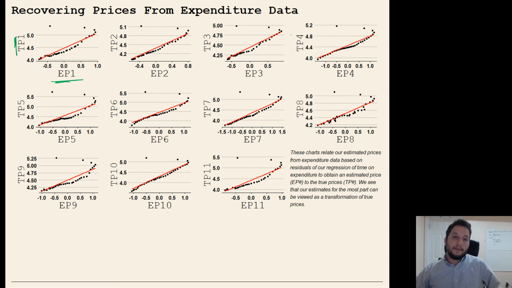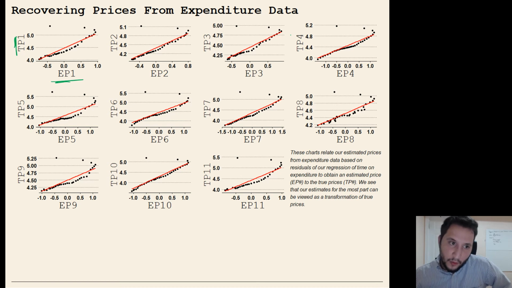So I want to say, okay, how accurate are my estimates? So I compare these estimated prices to these logged true prices, and I plot them on each other, right? And I want to see what it's like.